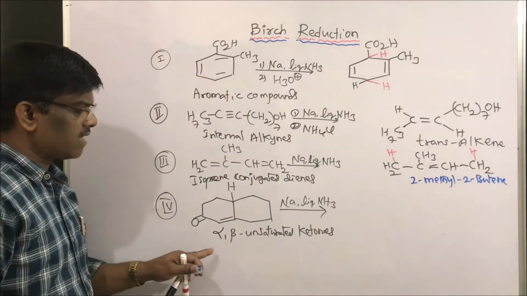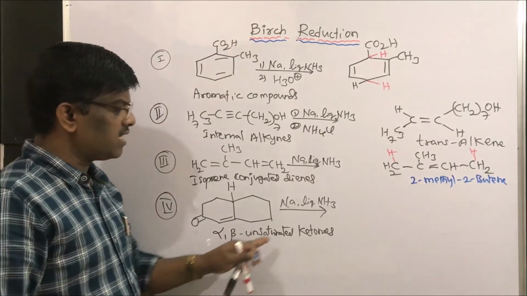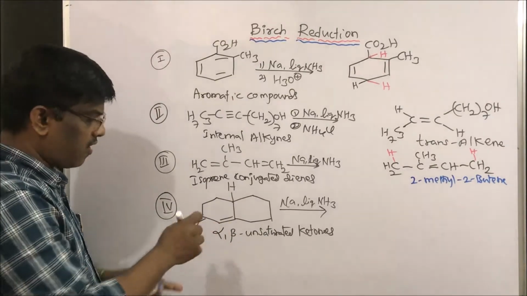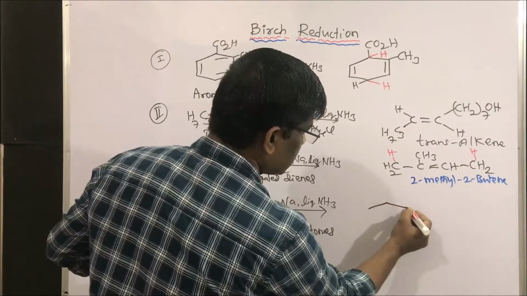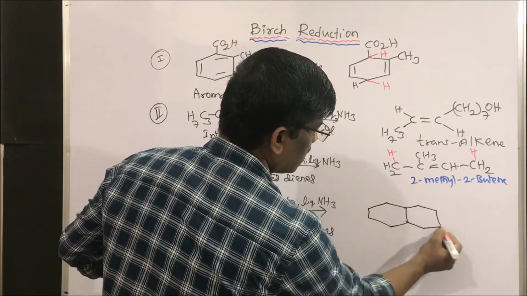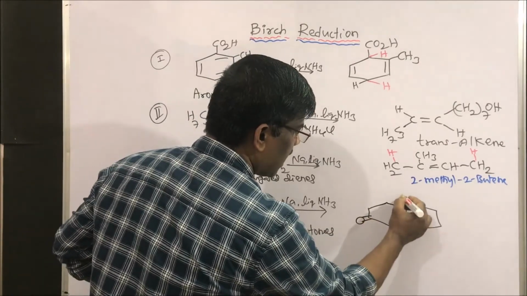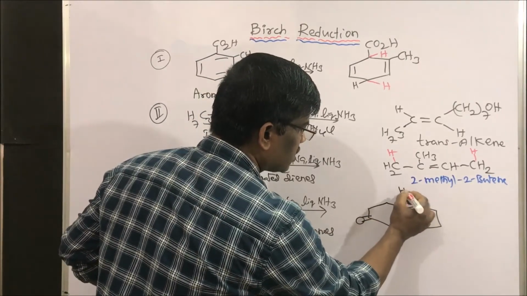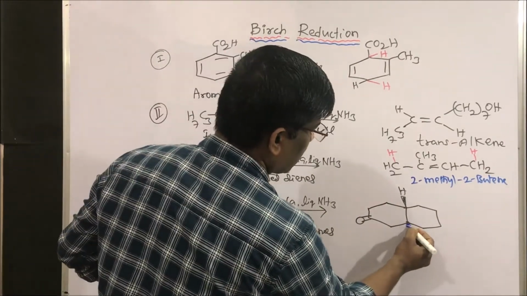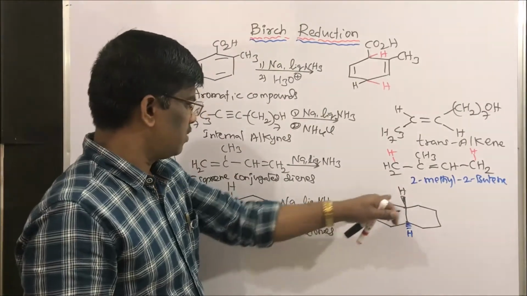What about this? The fourth category is alpha beta unsaturated ketones. In alpha beta unsaturated ketones, reduction of the double bond takes place. This is a bicyclic compound, right? So reduction of the double bond takes place and this hydrogen is trans to the existing hydrogen. The newly coming hydrogen will be added trans to the existing hydrogen.